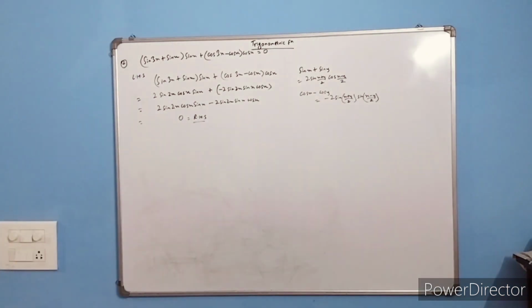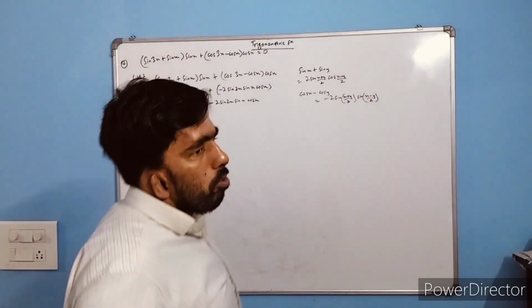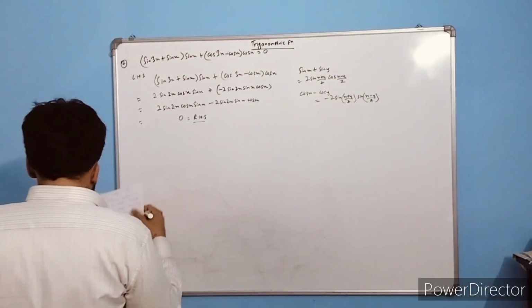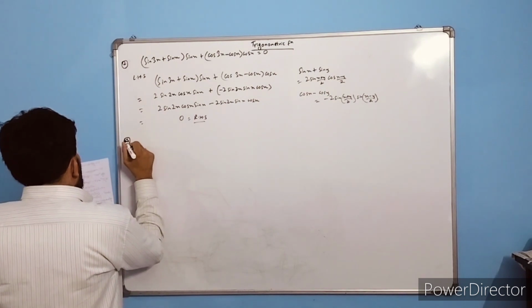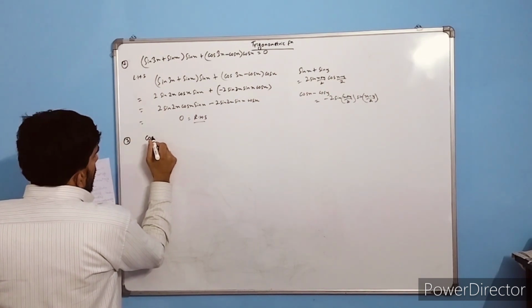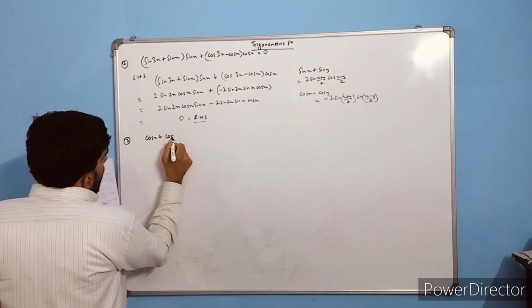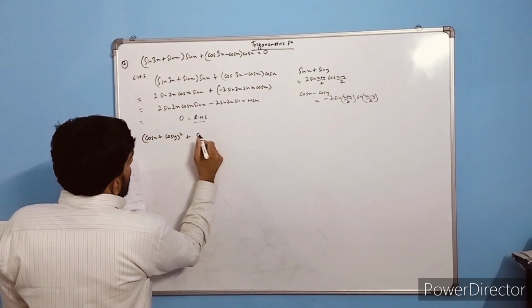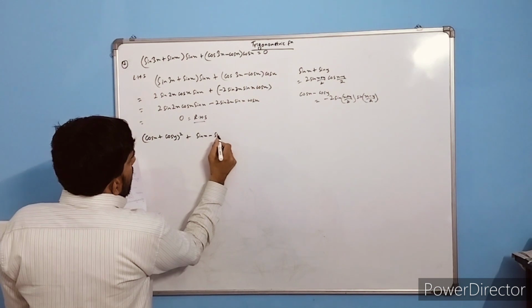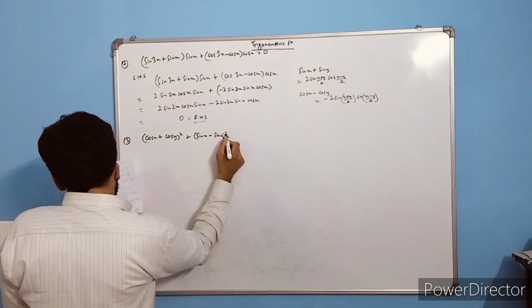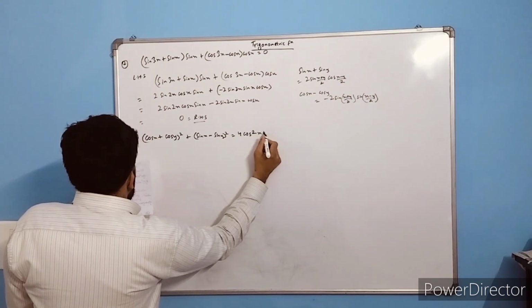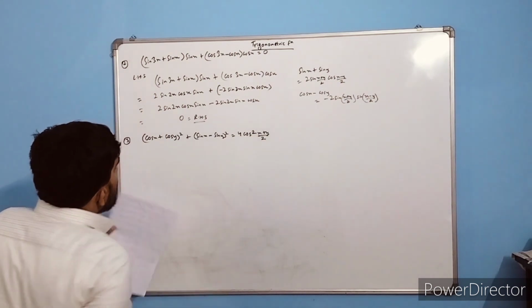Okay, so now we'll try to solve the third numerical. Now the third numerical we have been given is cos x plus cos y whole square plus sin x minus sin y whole square is equal to 4 cos square (x plus y) by 2.